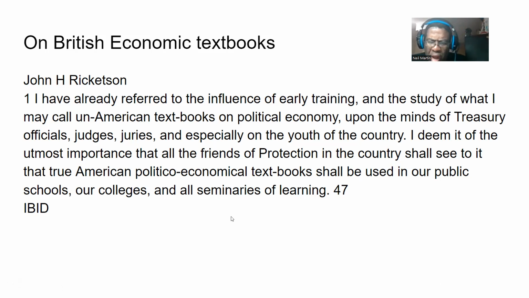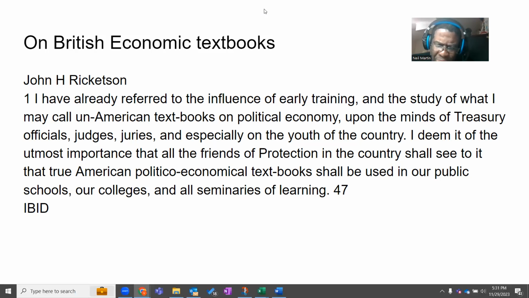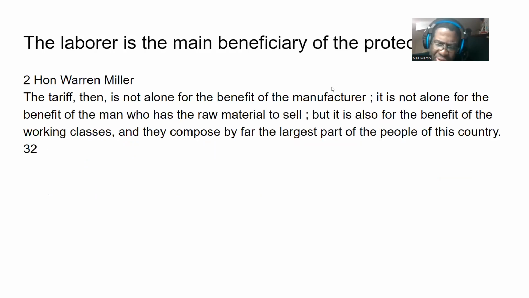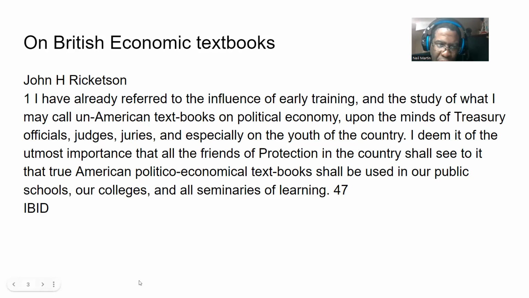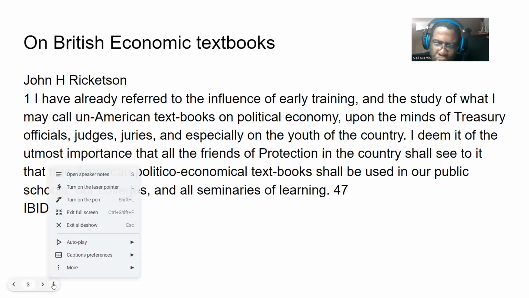Now, one might ask, why are you calling free trade un-American? Well, the American system of political economy, as led by Alexander Hamilton, was not for free trade. The United States of America was not supposed to be an agricultural economy like how Adam Smith wanted it to be, and Professor William Sumner of the late 1800s.